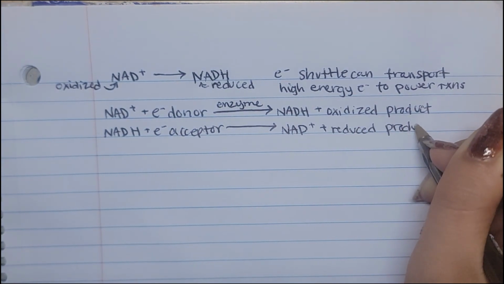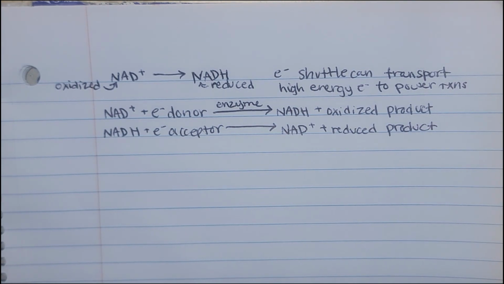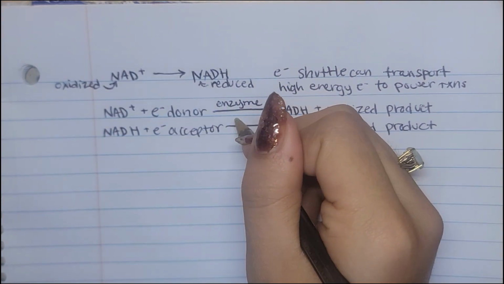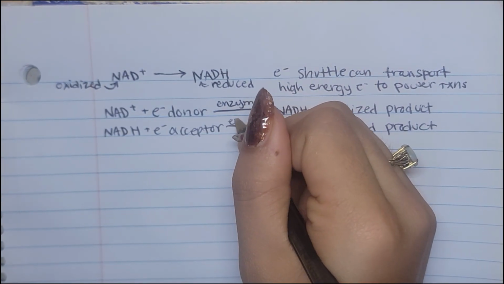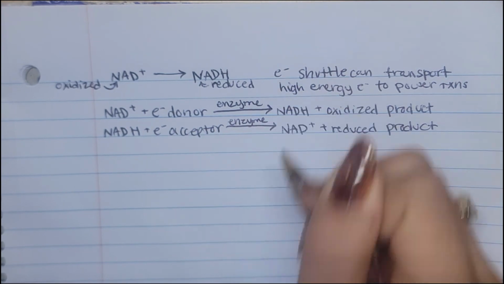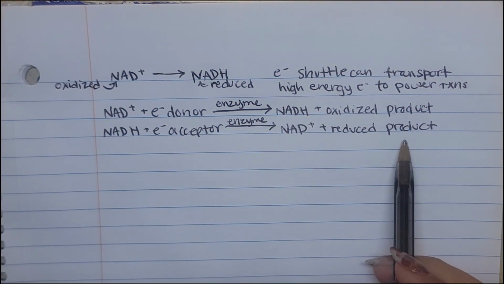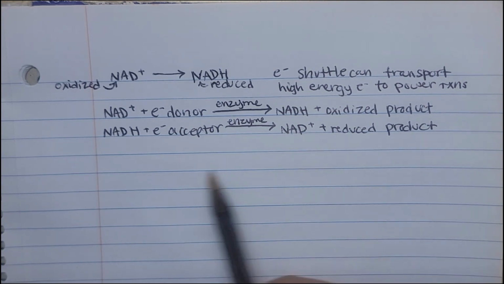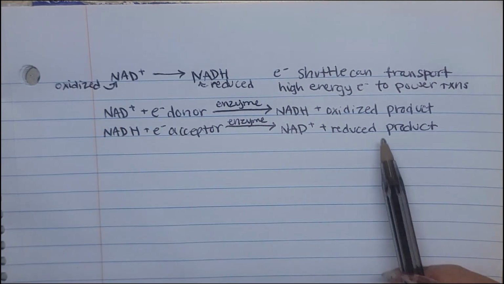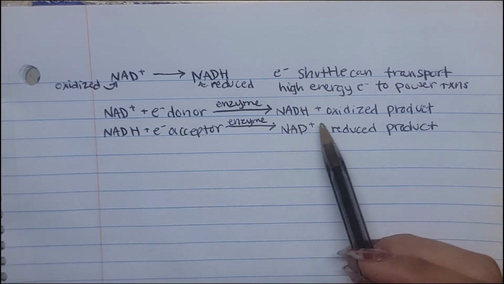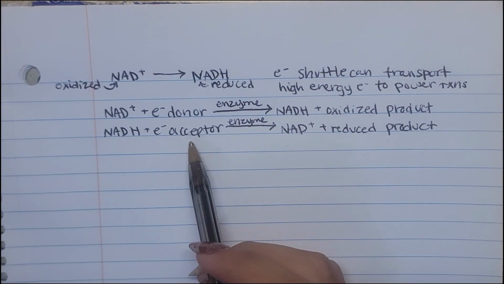And these high energy electrons can power reactions such as the importation of a proton, if you're talking about quinone. So this is also facilitated by an enzyme, albeit a different one. But as you can see here, you need a reduced product to regenerate your NAD plus that you can use to take electrons and then oxidize something, and then you need to have an electron acceptor.